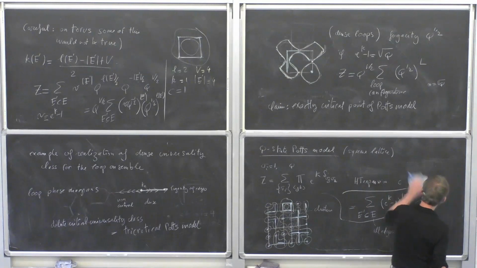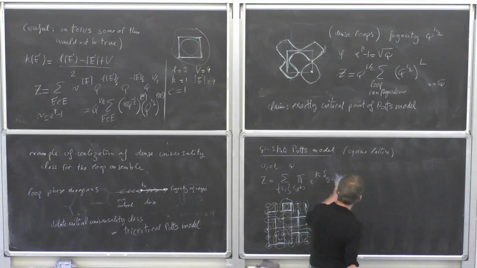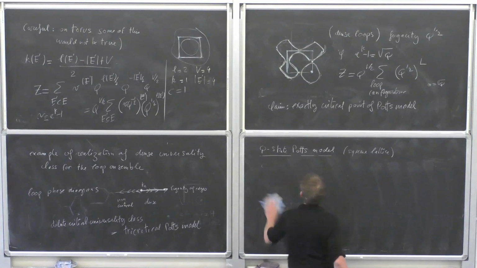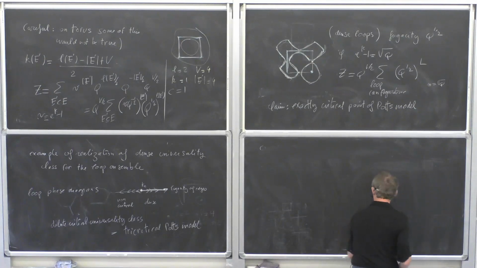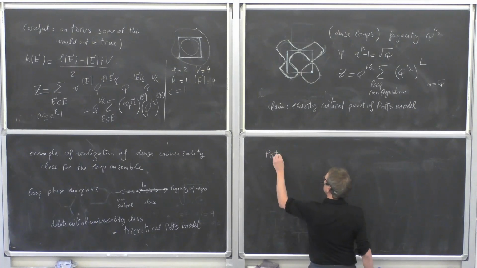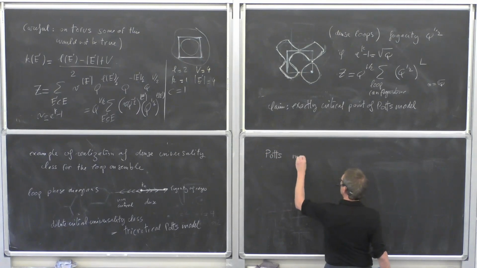Point number two, it is now maybe time to think a little bit in terms of symmetries. So the Potts model is a natural model with the symmetric group as a symmetry.